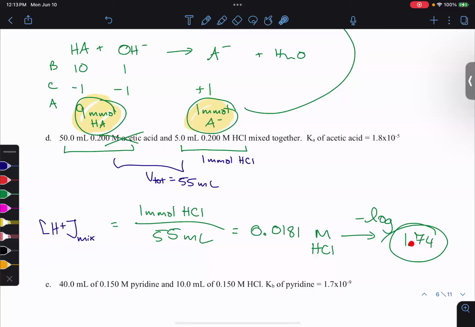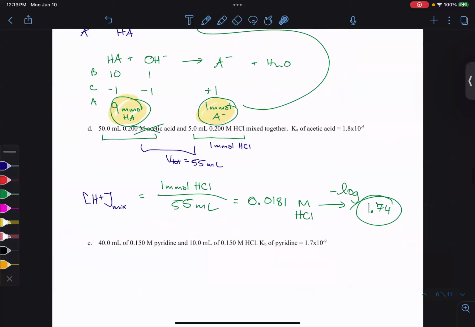Because pHs are on a logarithm scale, the place value that acetic acid actually changes is way out there. So because of that logarithm scale, the strongest acid wins here. The tricky thing is that HCl is diluted in the process. We can't just do negative log 0.2.